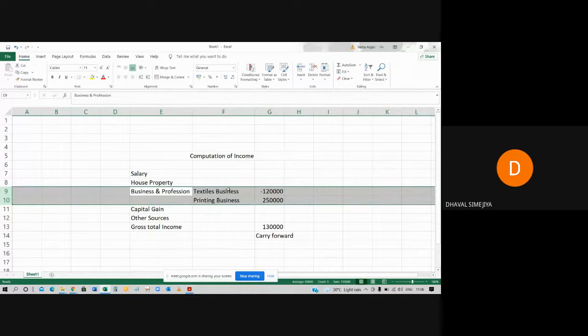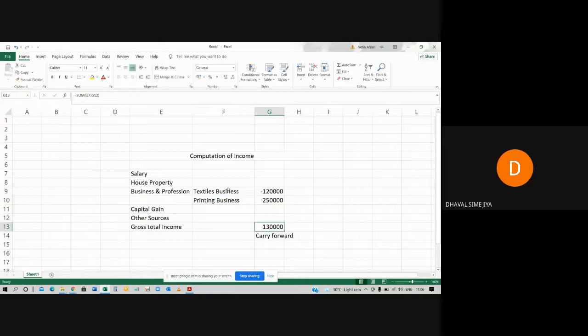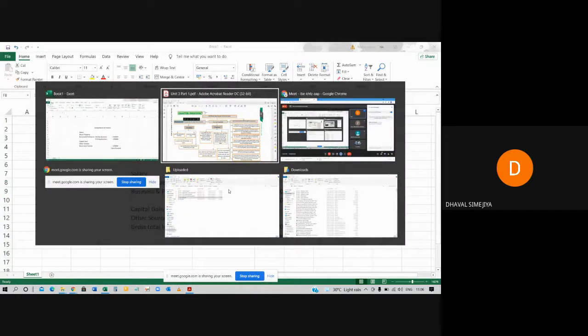That is set off of losses from the same head. Inter-source: you have two sources of income. One is textile business, another is printing business. So you are setting off the loss from one business against the profit of another business. So the net result is 1,30,000. Similarly, if you have loss in one house property and income from another house property, then you can set off both.